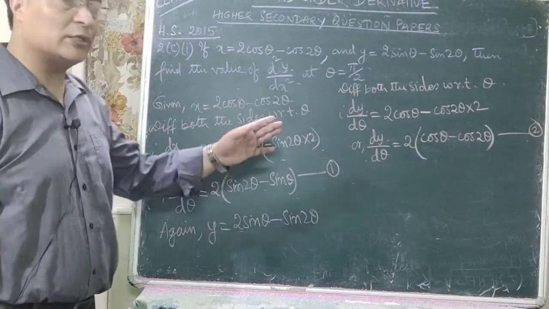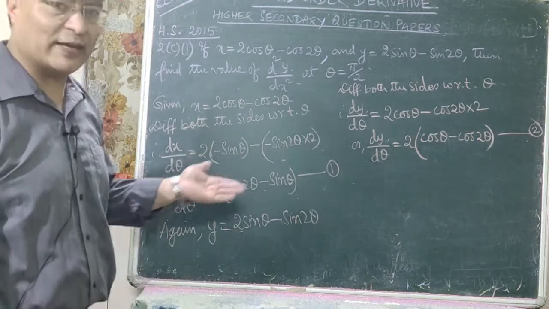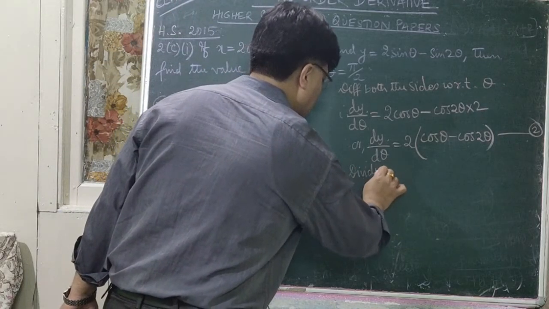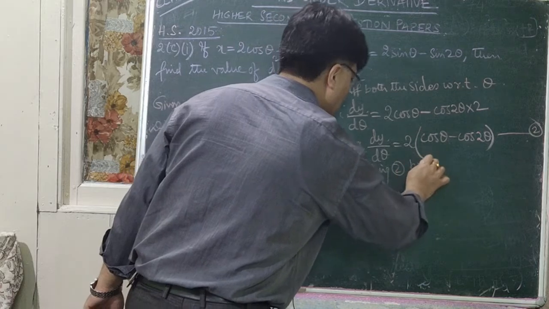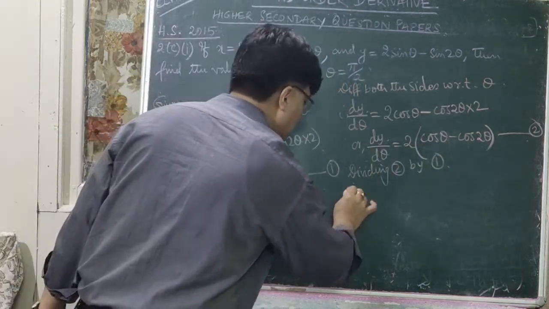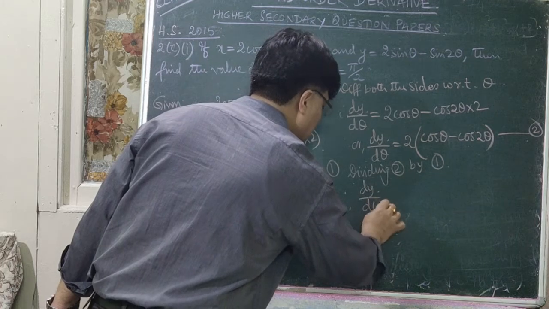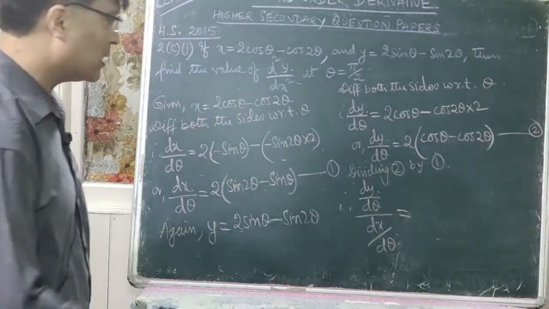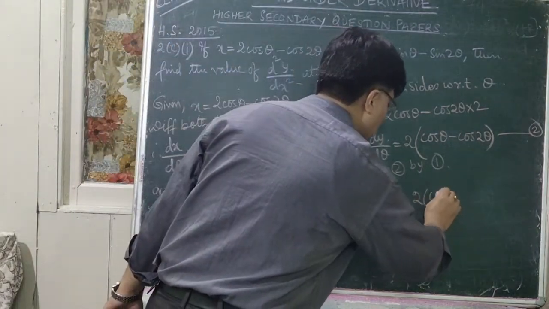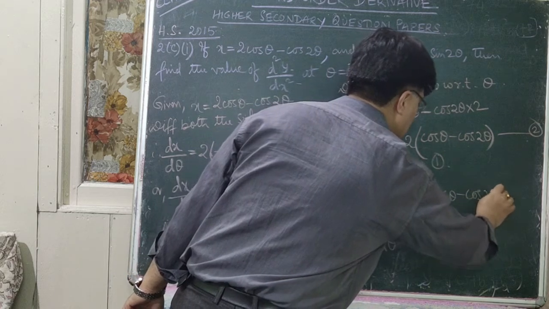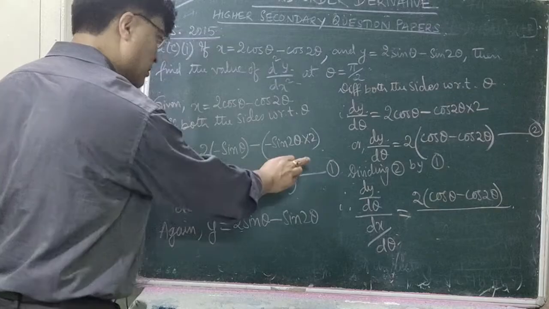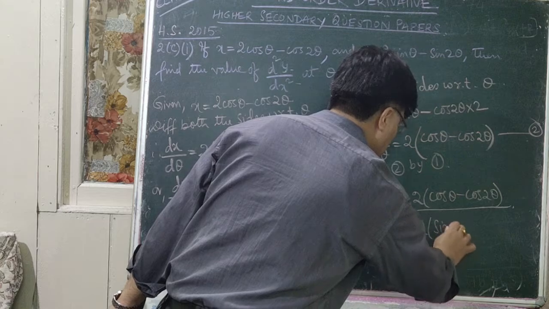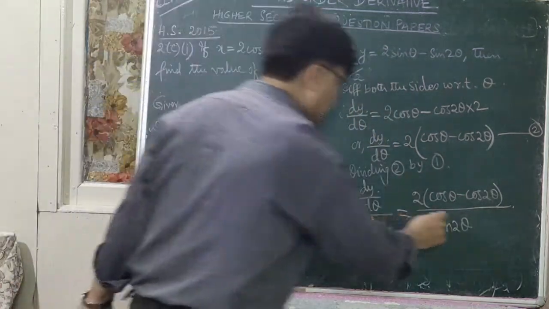Now what will you do with this 1 and 2? To get dy by dx, we can divide 2 by 1. So dy by d theta upon dx by d theta is equal to, on the right hand side, 2 into cos theta minus cos 2 theta divided by, in the denominator, the right hand side of number 1, which is 2 into sin 2 theta minus sin theta.